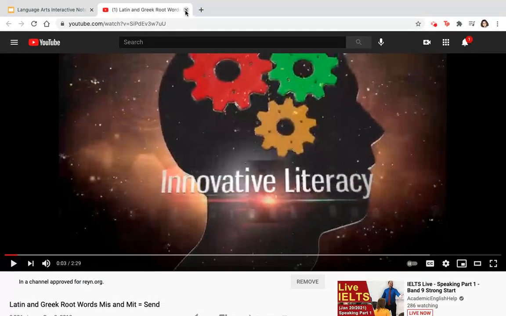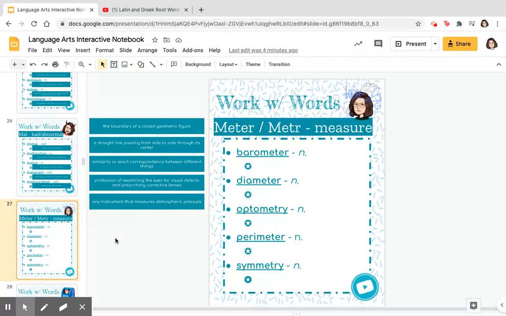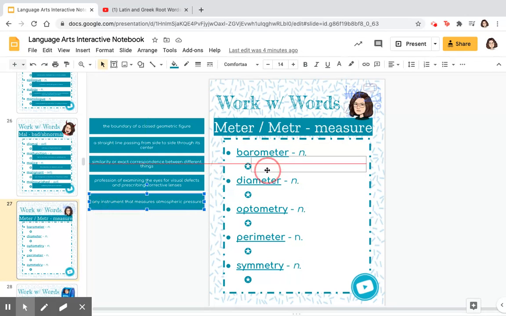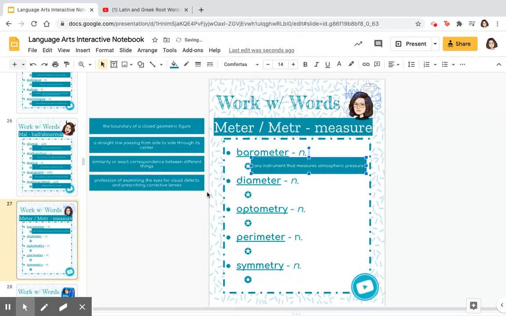Wonderful. She gave us some lovely examples of meter. So we have any instrument that measures atmospheric pressure, which we learned was a barometer. That was the first word she gave us. A barometer is any instrument that measures atmospheric pressure.